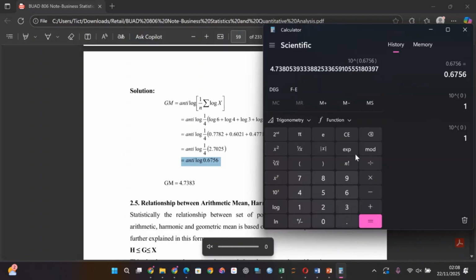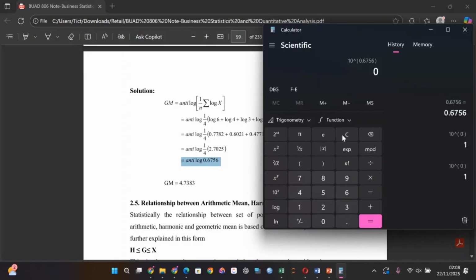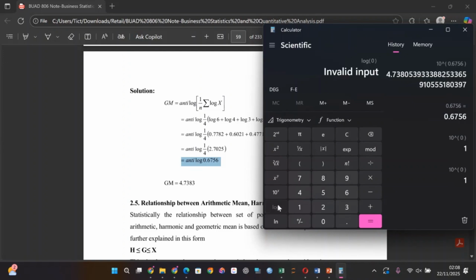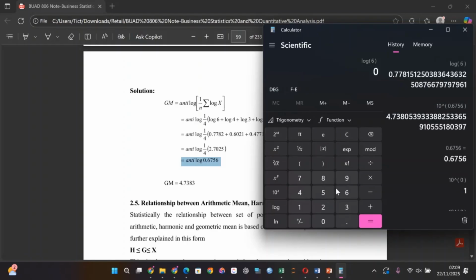On my calculator, log 6 gives me 0.662. It's just the same thing. Then I clear this and do the other one, log 4, which gives me 0.602. So you can see the calculator can still give you the value.